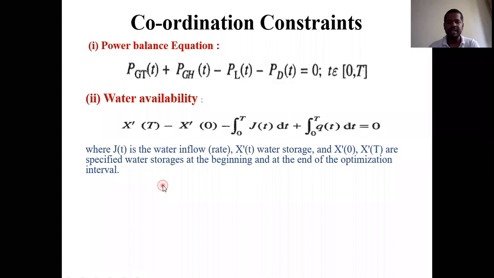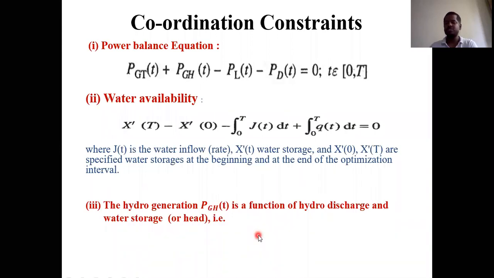And one more constraint is hydropower generation. I already told you in the previous class that this is a function of the storage of the water and the discharge. Because when you are considering power generation in a hydel power plant, the most important thing is head. Head depends upon water storage.